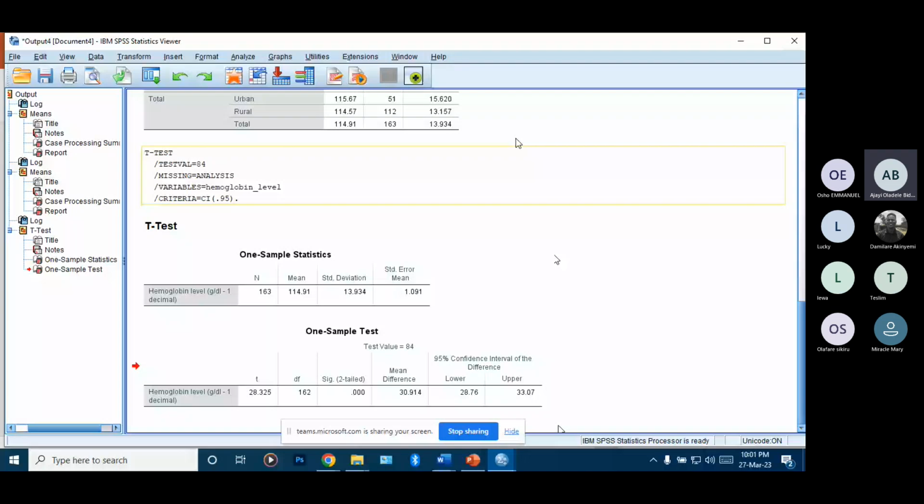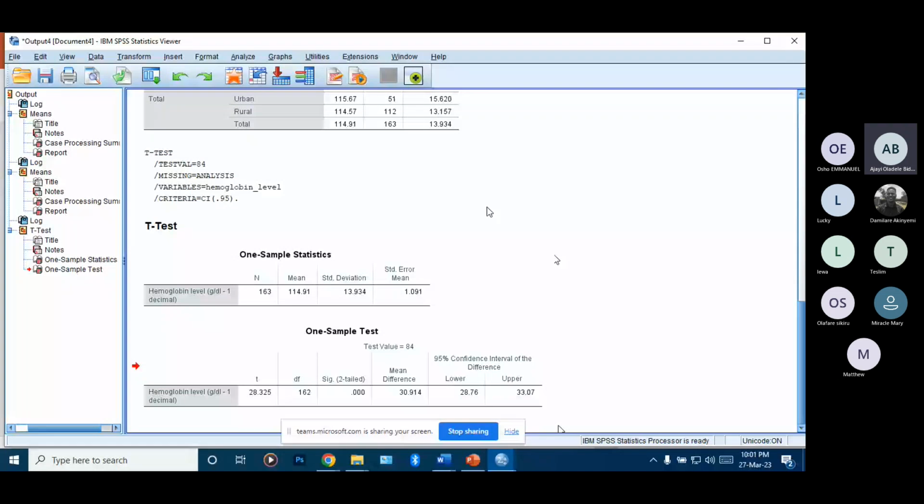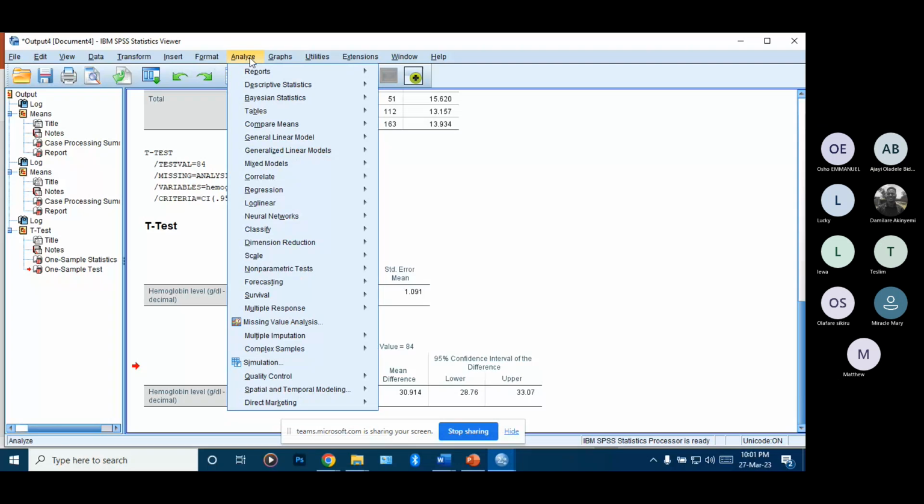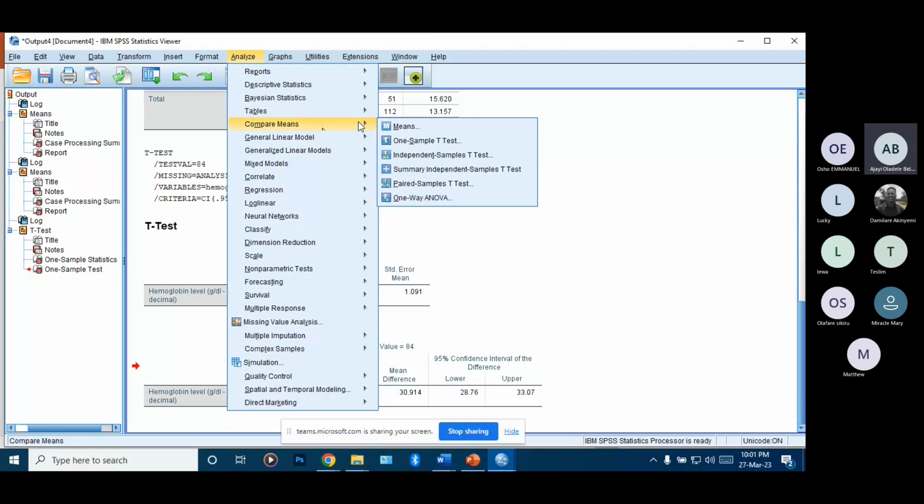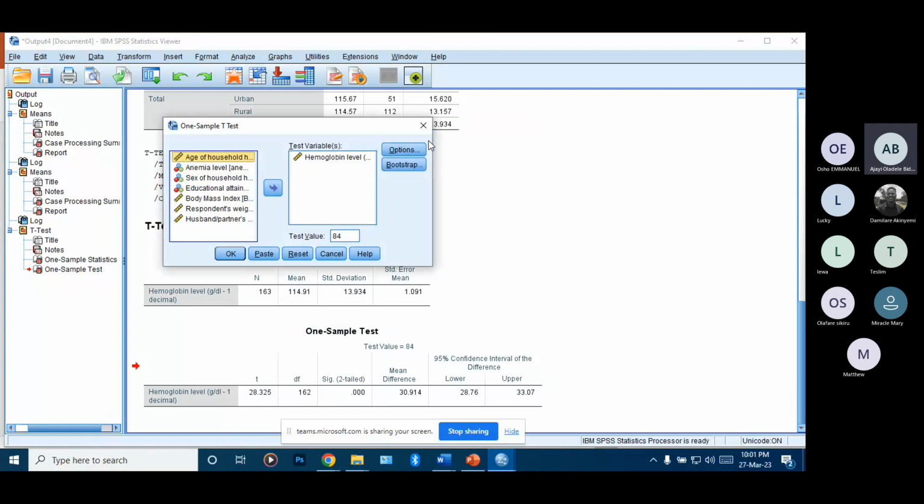Now, I said we want to test if the mean hemoglobin level of our respondents is different from 84, right? We go to Analyze, then Compare Means, and the appropriate test for our problem now is the one sample t-test. We click on one sample t-test.